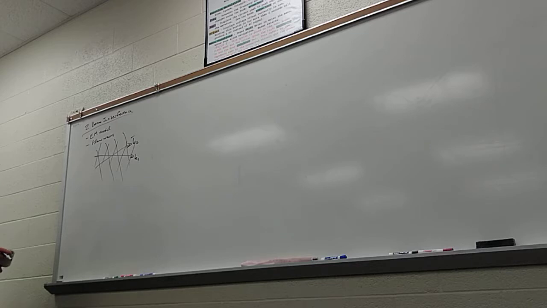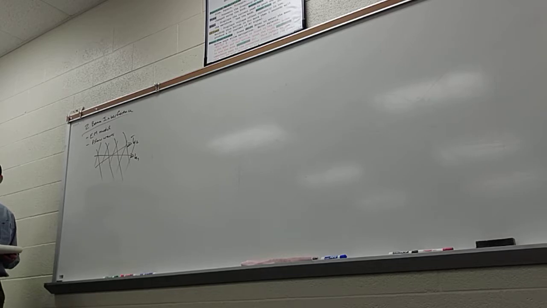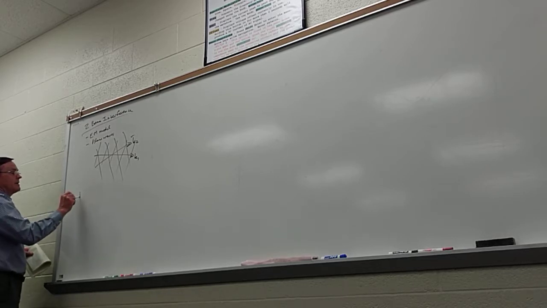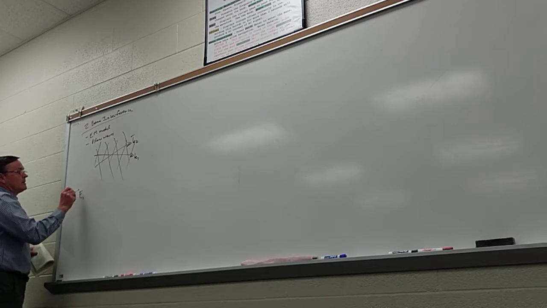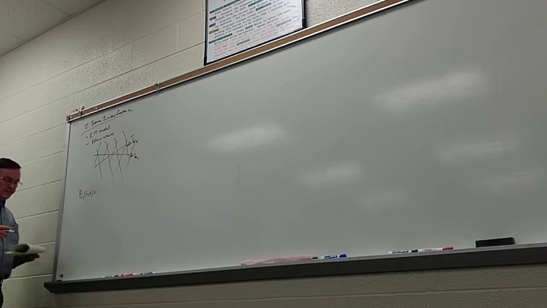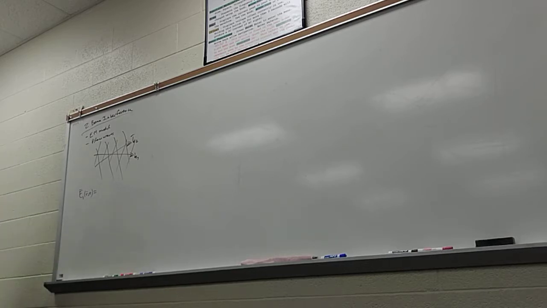So in either case, we have to start with the fields. And you're going to see a common theme here. You always start with the fields. And so what we need to do is write down the complex representation of the two fields.